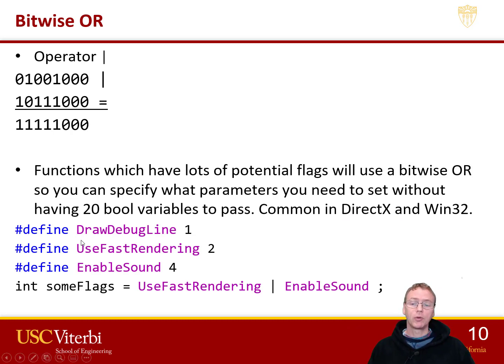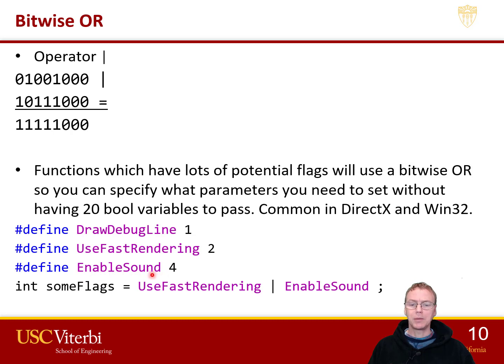So for example, we usually use defines or enums to give us a symbolic name for each of the bits. The least significant bit here, for example, is called draw debug line. Then the next bit, this is the 2's bit, is use fast rendering, and we define that to be the value 2.